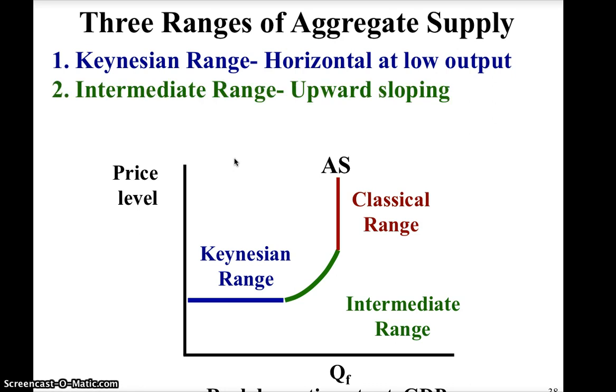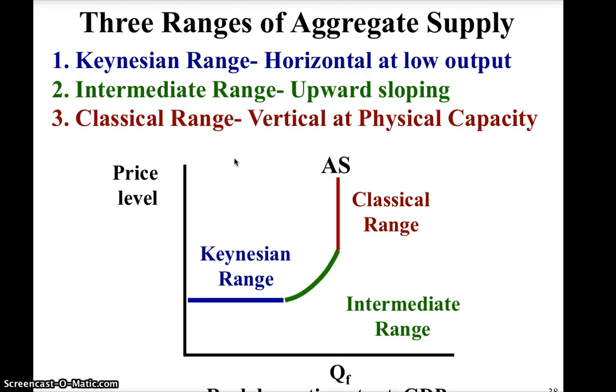In the intermediate range, we have an upward sloping aggregate supply curve, very similar to the basic aggregate supply curve that you've seen pictures of. Here, if you stimulate aggregate demand, you do see some increase in prices, but you also see some increase in production.